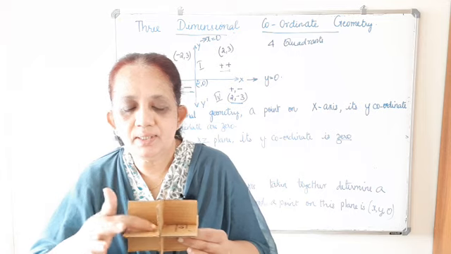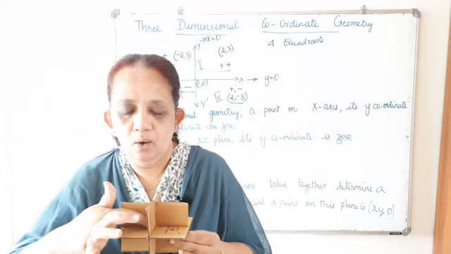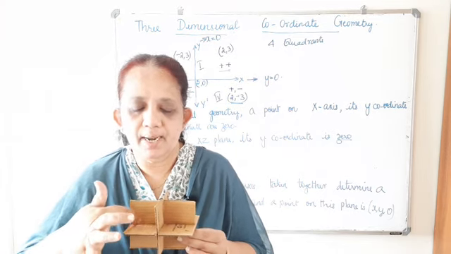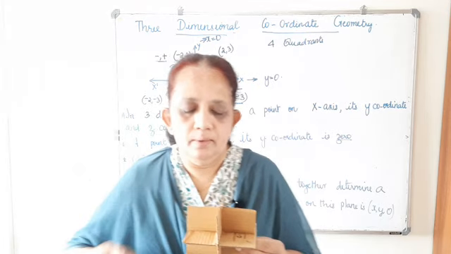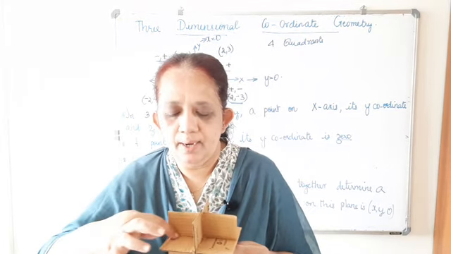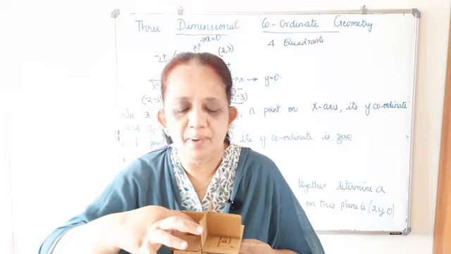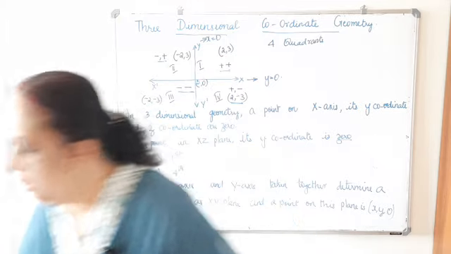Now, in the first octant, XOY, we can say that x coordinate is positive, y coordinate is positive, z coordinate is also positive.